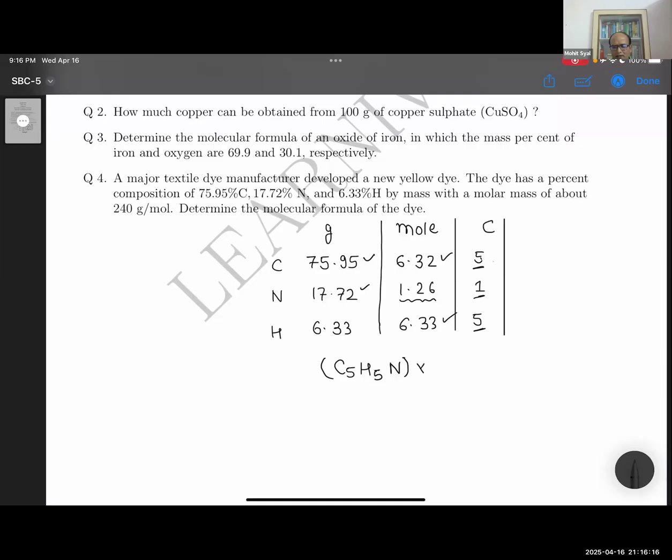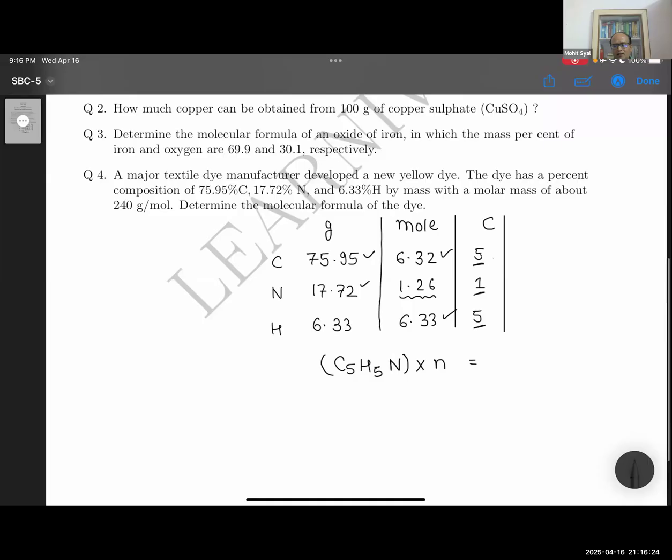Now we need to get the actual number of atoms. To get the actual formula, you need to multiply by a certain whole number, that is n, and you get the formula as C5n, H5n, and nitrogen is n.